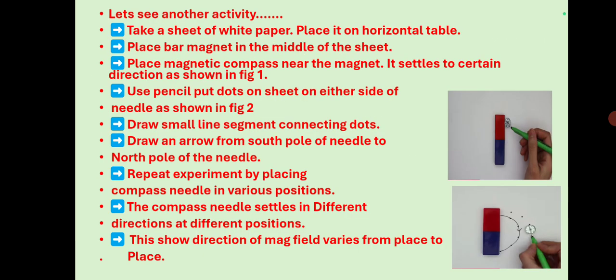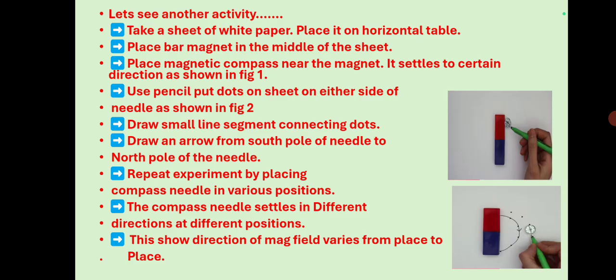Now next, another activity to draw the field lines. How to draw the field lines? Here you see the first diagram. We took a white paper and placed it on a horizontal table. We took a bar magnet, right? In the middle of this paper we placed the bar magnet as shown in the diagram. Okay.